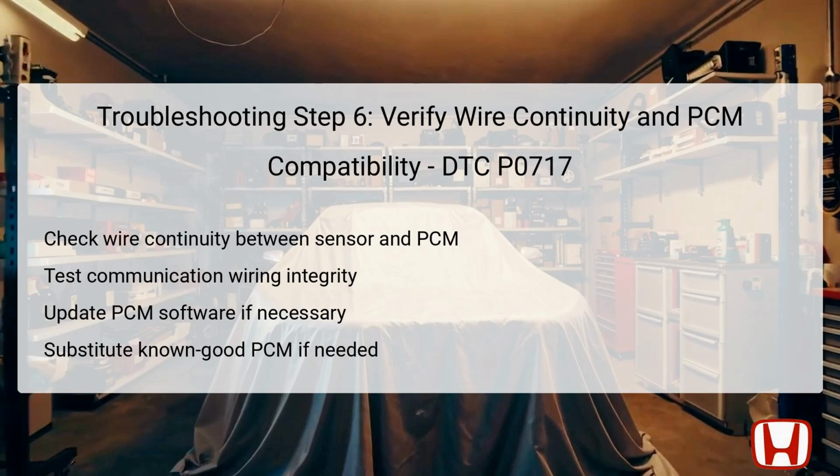Outdated software may cause misinterpretation of sensor signals, so updating the PCM may resolve the issue. If problems persist despite wiring integrity, substituting a known good PCM can help identify whether the vehicle's original PCM is faulty. This test ensures that the communication pathway between the sensor and control unit is fully operational and compatible.